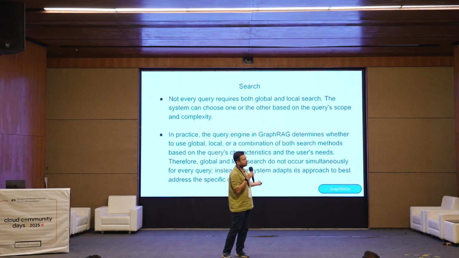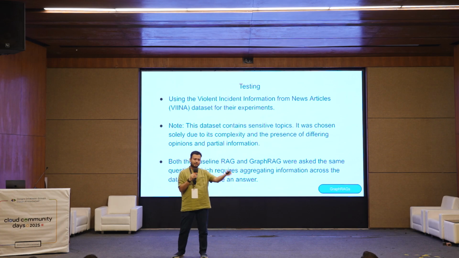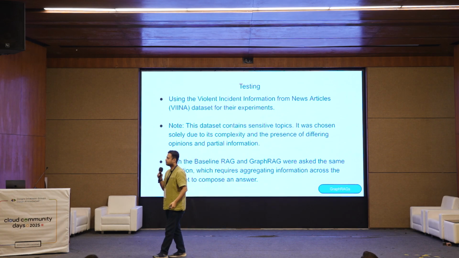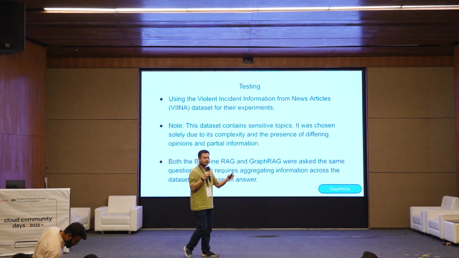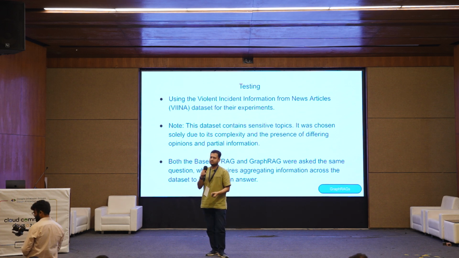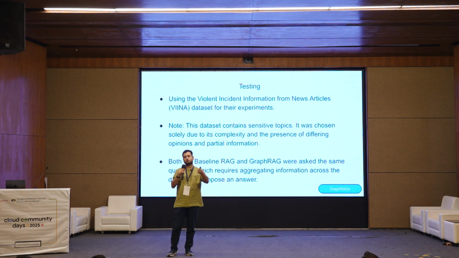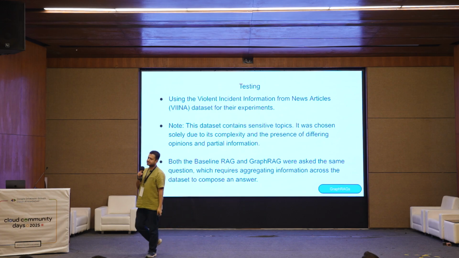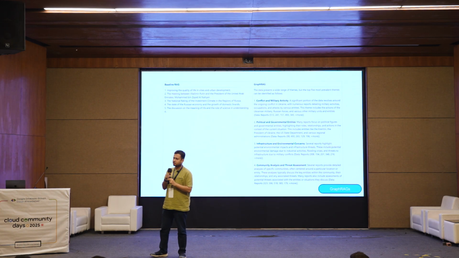There was some amount of testing done with respect to normal RAGs and GraphRAGs. This is a data set that has never been used for any LLM training, where a question was asked: can you give out the top 5 themes of this particular data set? This is the difference between the responses that you observe.